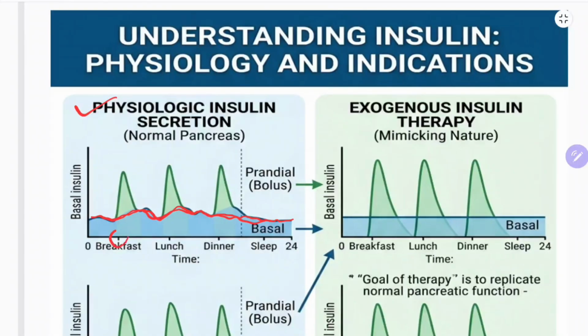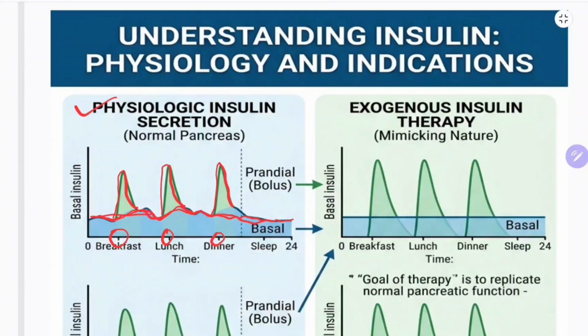And when you take food like breakfast, lunch or dinner, at that time the insulin secretion is increased, which is known as prandial insulin secretion. So these are increased insulin secretions when you take some food.